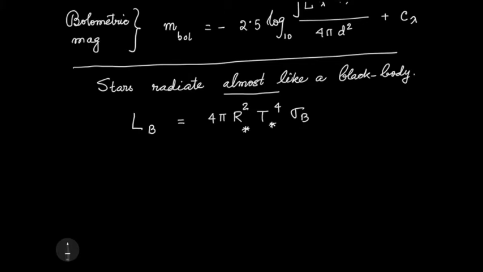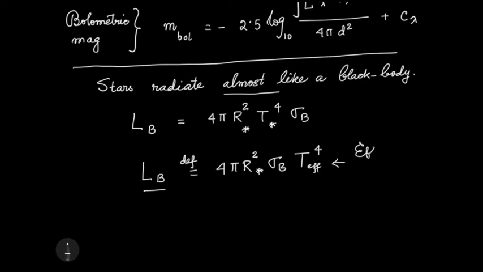So we define, this is the luminosity of the star, and again this is a definition of a different type of temperature now. We define the effective temperature of the star this way. So this is the effective temperature.